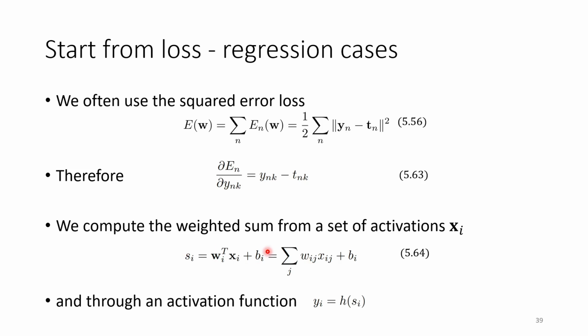So this is the definition of the summation term Si. And how do we generate y? It is Si passed through an activation function h, and then we generate the value of y.